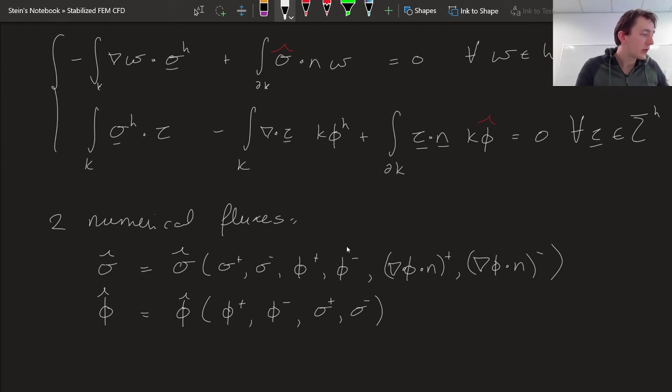Okay, then there's one last step in the derivation that I'd like to do. Not two even. What I'm going to do is now, after I've introduced this numerical flux, well, then this is just a function of phi and sigma, and this numerical flux over here is a function of phi, sigma, and maybe even the normal gradient of phi.